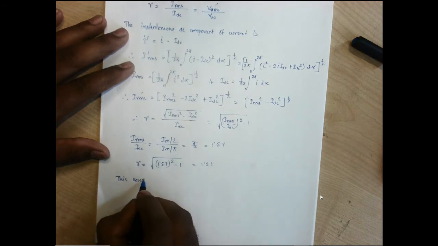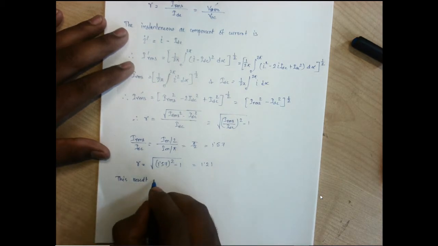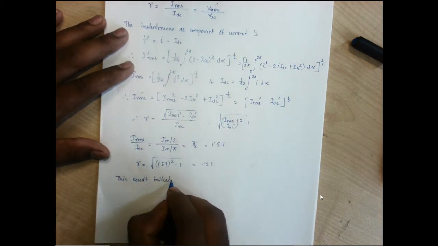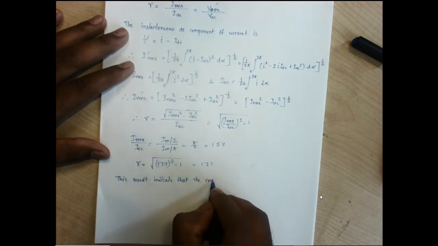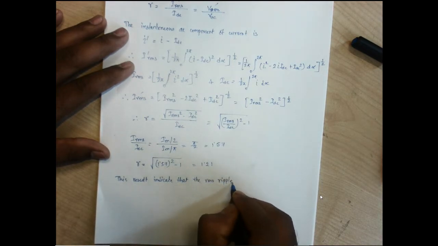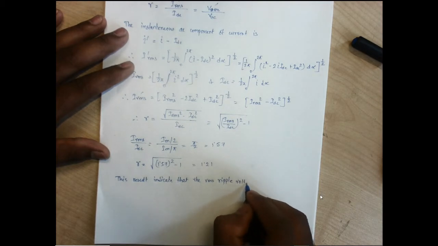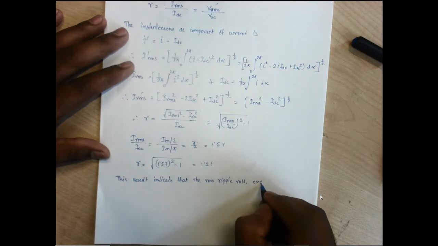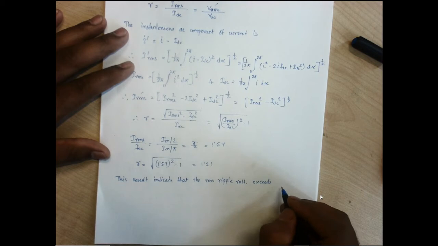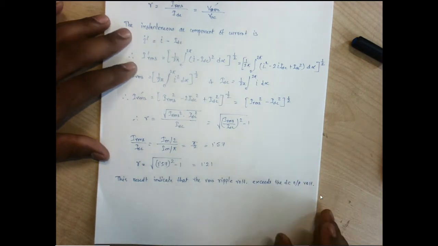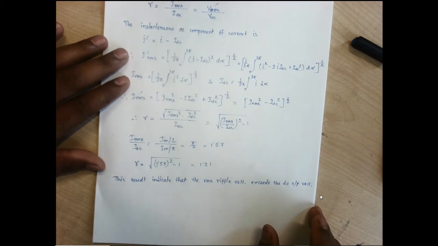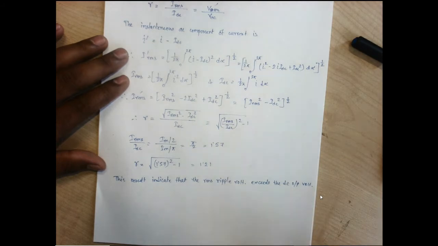This result indicates that the RMS ripple voltage exceeds the DC output voltage, means the amount of DC which gets converted is quite lesser than the amount which is left out as AC in the output.